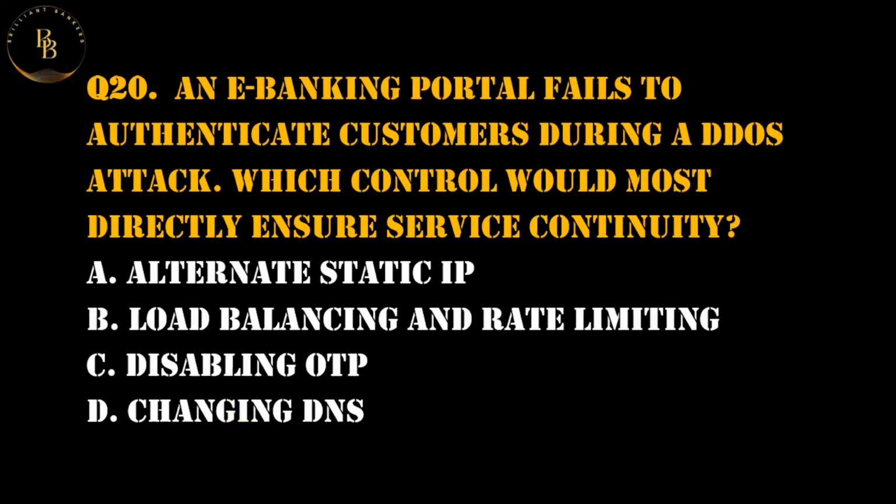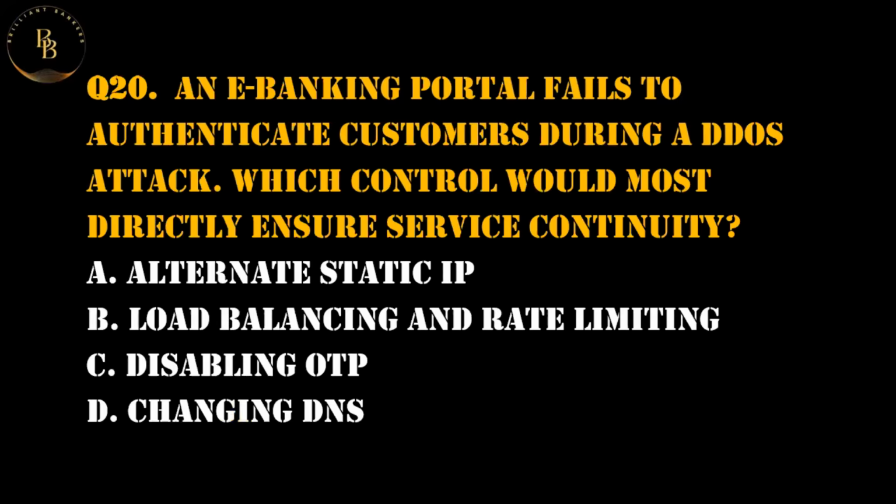Coming to question number 20. An e-banking portal fails to authenticate customers during a DDoS attack. Which control would most directly ensure the service continuity? Is it an alternate static IP? Is it load balancing and rate limiting?